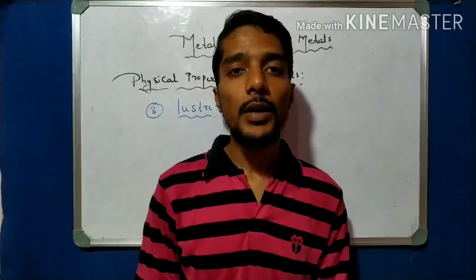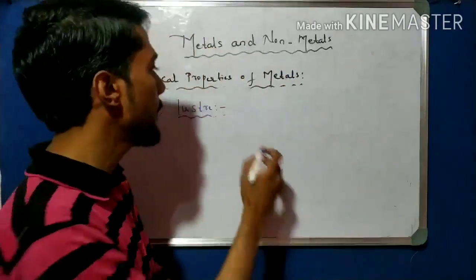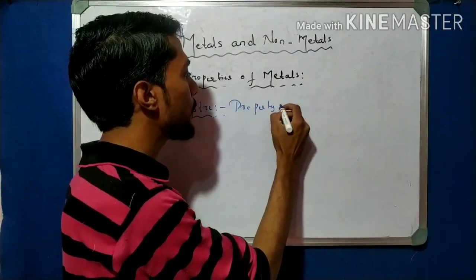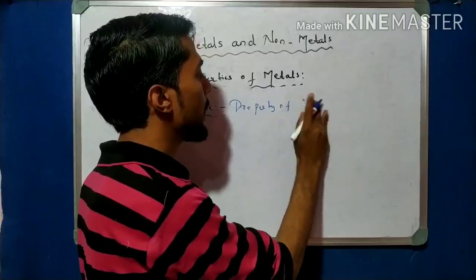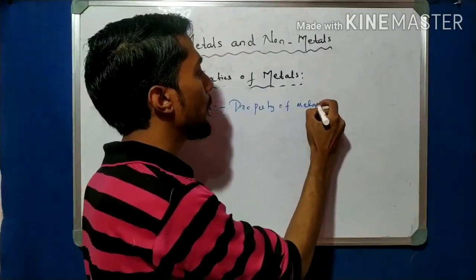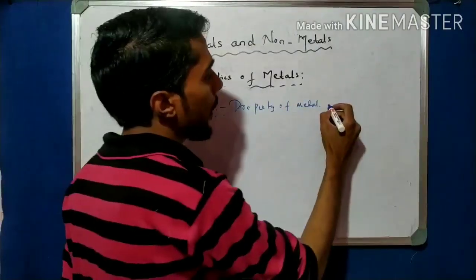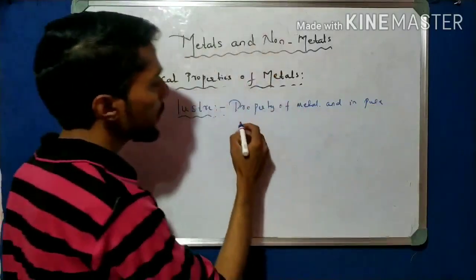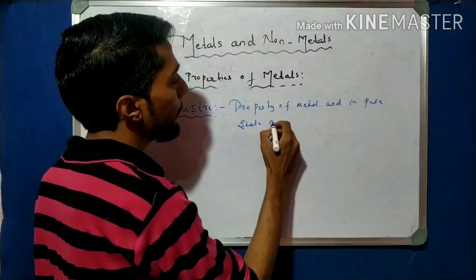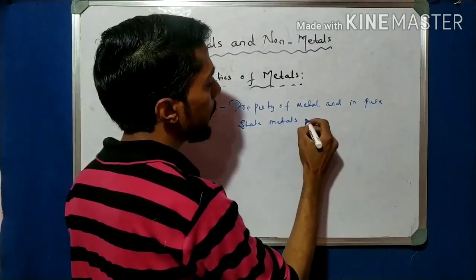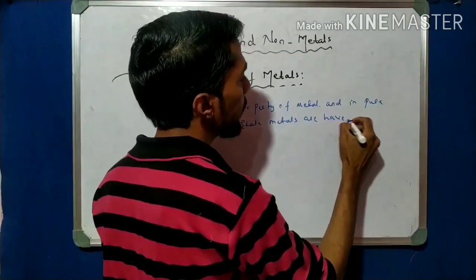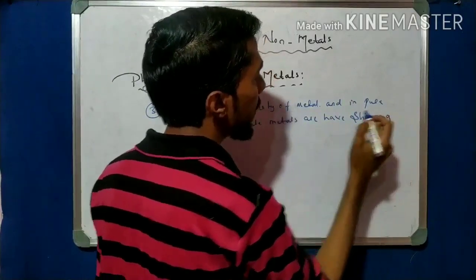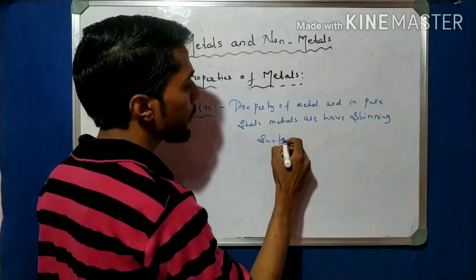Luster is a property of metal. In the pure state, metals have a shiny, shining surface.